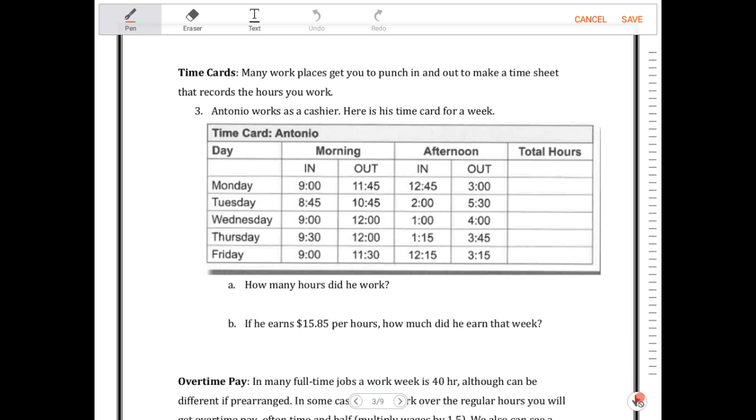Now, obviously, I think in a lot of cases this is going to be done electronically now, but you're still going to have to go in, let's say it's done with a computer or some type of ID card that you swipe. Somehow your hours worked have to be accounted for. And no matter if it's a computer or not, you want to make sure that you keep track of this yourself.